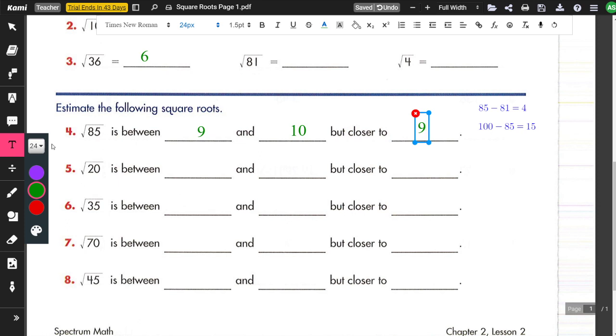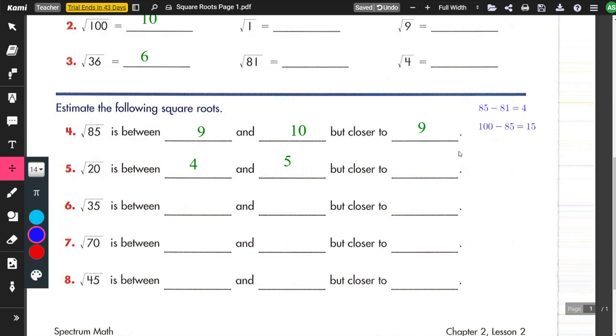Now you do the same thing for number 5. You have the square root of 20, and if you look on your chart, you'll see that it's between 4 squared, which is 16, and 5 squared, which is 25. So again, we're going to do our little test to see which one's closer. 4 squared is 16, so we do 20 minus 16, which is 4.